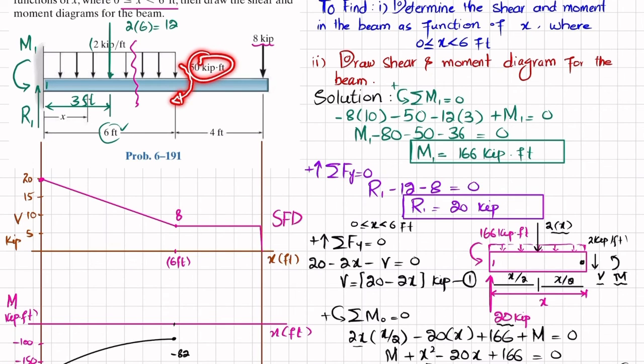So while drawing the bending moment diagram, it will cause the bending moment to go upward. This is the convention given in the book. So minus 82 plus 50 will be equal to minus 32. So bending moment will change to minus 32. So let this point be minus 32. So your bending moment will change toward this.